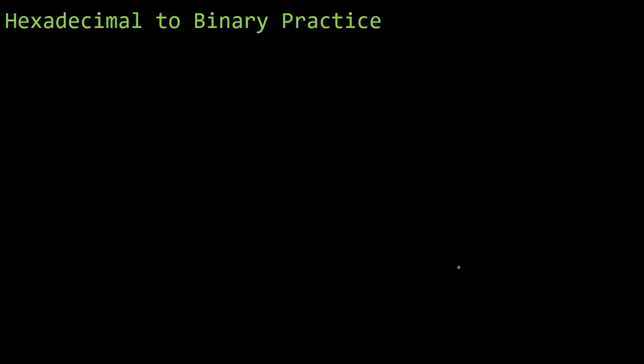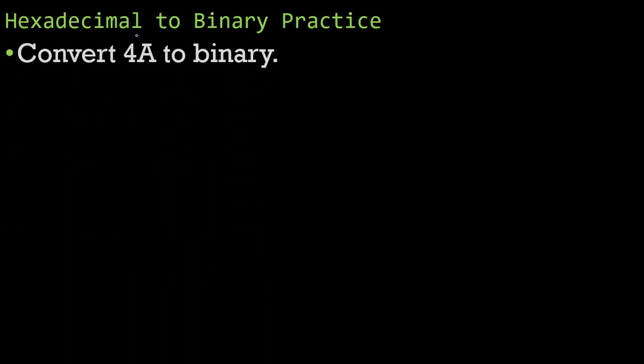Okay, so let's do some practice. Convert 4A to binary. The first thing we're going to do is separate these. 4, and then over here, I'll write A. Give myself plenty of room to work with. Now, here it's 0 to 9. All I need to do is use 4 bits to find the binary value of 4. This is going to be 1, 2, 4, and 8.